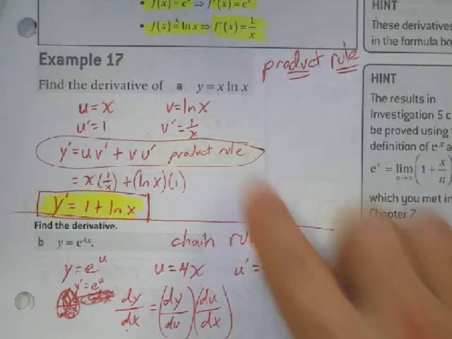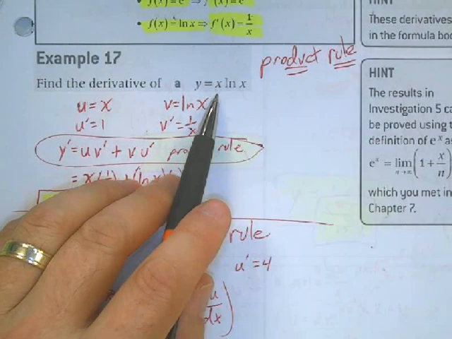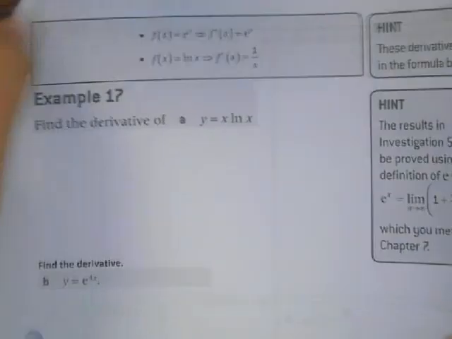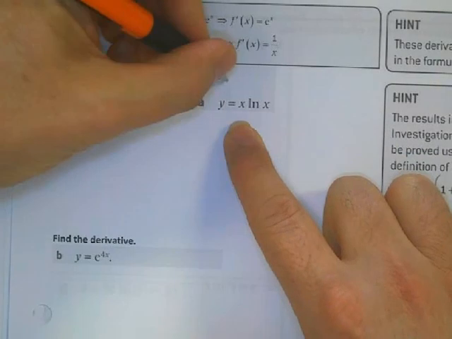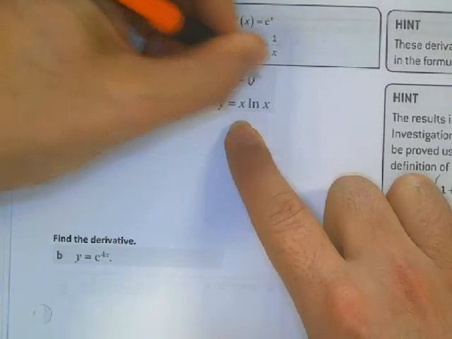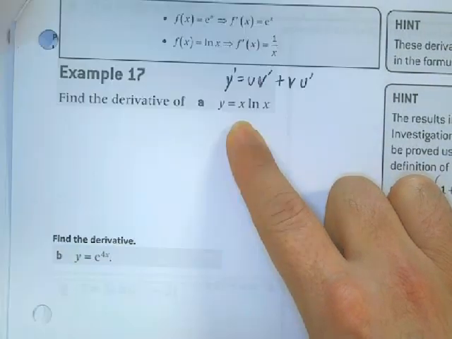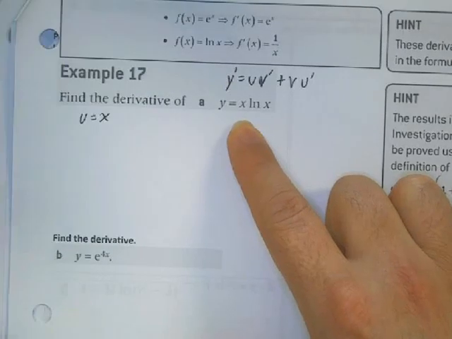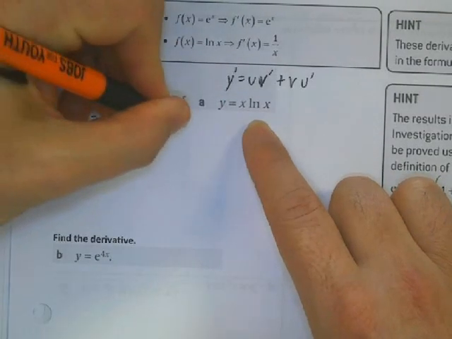So when I see this here, I know that I'm going to be using product rule. I've got natural log. Using the product rule, I have y prime equals u v prime plus v u prime. So I'm going to make u equal to x, and v equal to natural log of x.